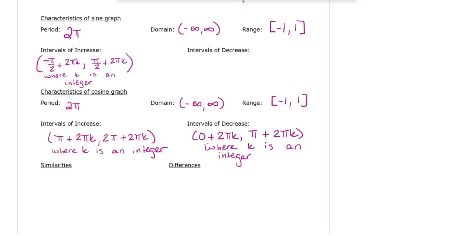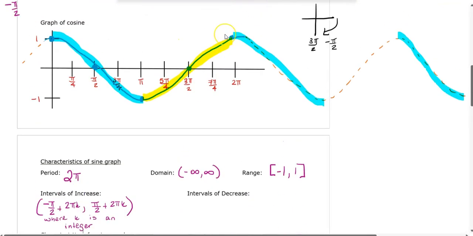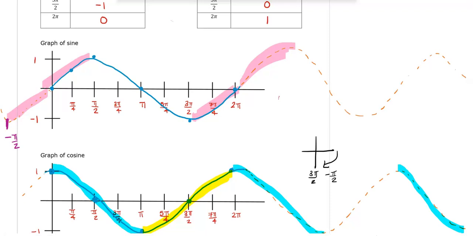All right, intervals of decrease. So let's come back up here and look. Intervals of decrease in this particular case, I have from pi over 2 to 3 pi over 2. Intervals of decrease are easier to see on the sine graph. It's just the interval of increase that's more difficult to see.